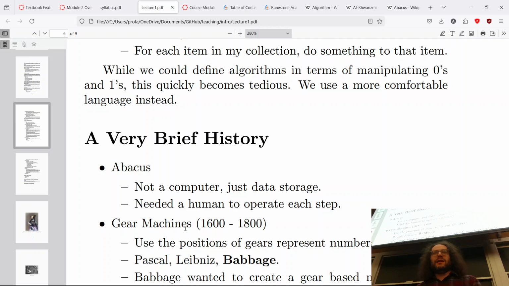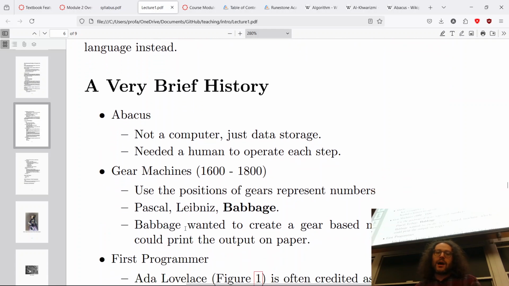And really, computer science didn't start to come into its own until the idea of gear machines between 1600 and 1800. It's a very long period because these things never really got made successfully or became a big thing. But a lot of different people, Pascal, Leibniz, Babbage, you might be familiar with these names from various mathematics or physics classes.